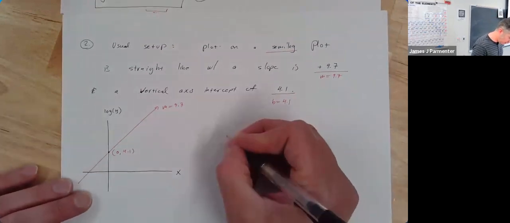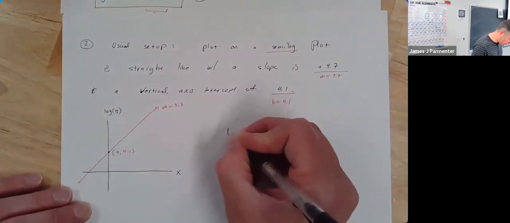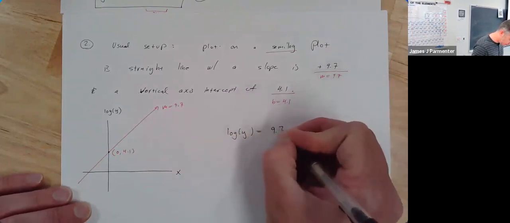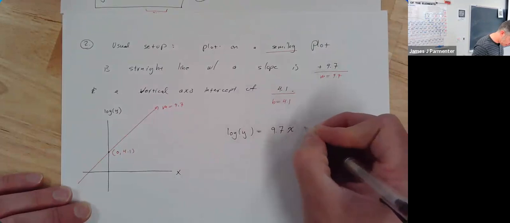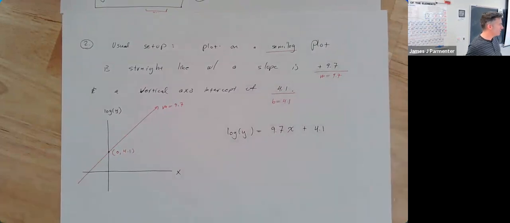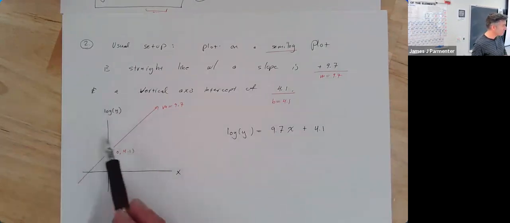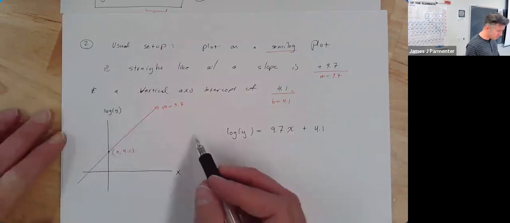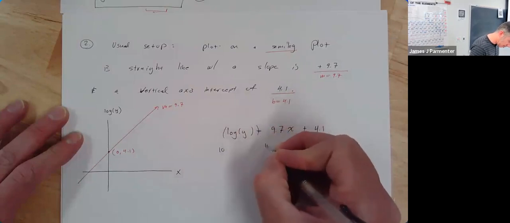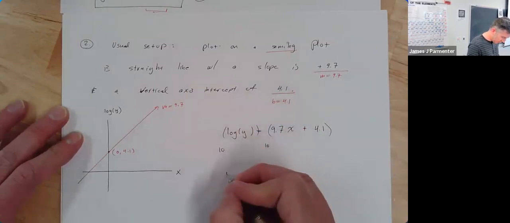But we're going to start off with, again, semi-log. So log of y equal to my slope times x plus my vertical axis intercept. Not really my y-intercept because it's my log of y-intercept. And then we would solve this in the same way. 10 to the on both sides. On the left-hand side, you get y.